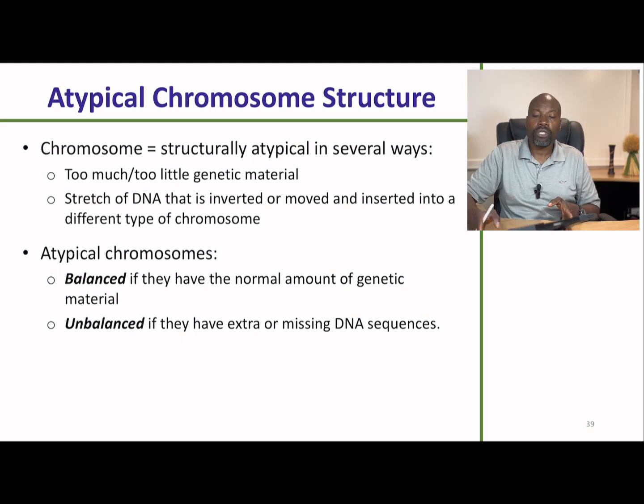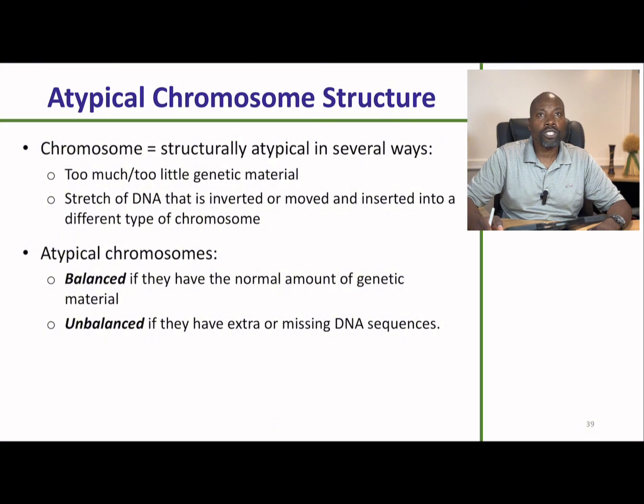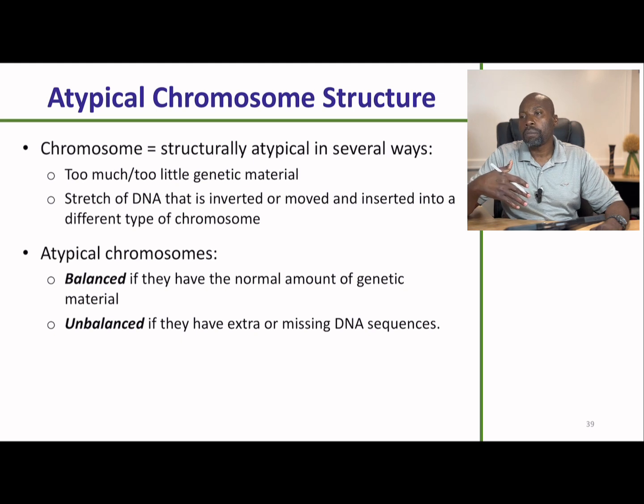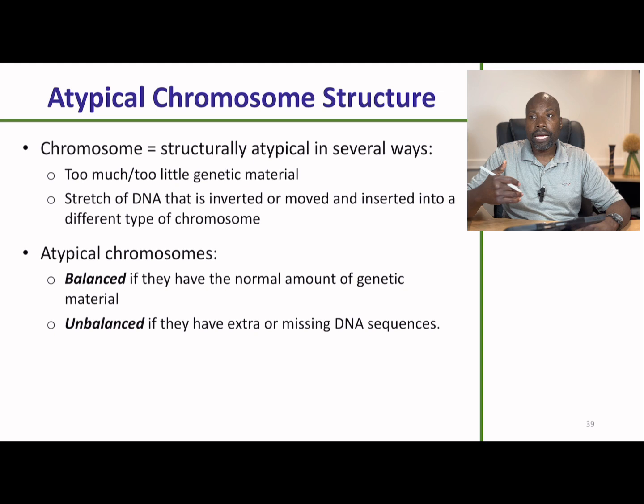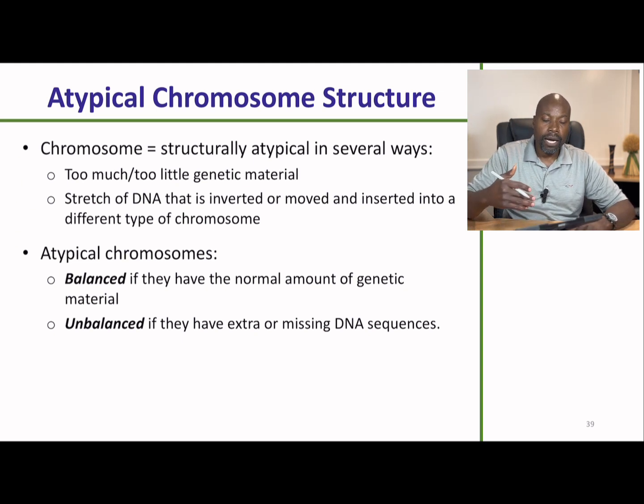Having too much or too little genetic information can affect the way we behave, the way our health goes, right? The way our metabolism goes, right? Then the mechanism by which this happens is what we are going to address in the next few slides.